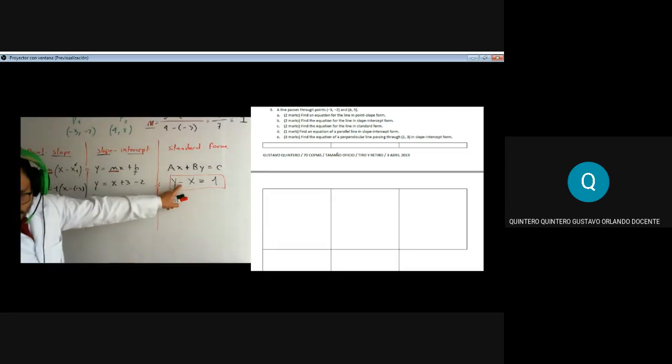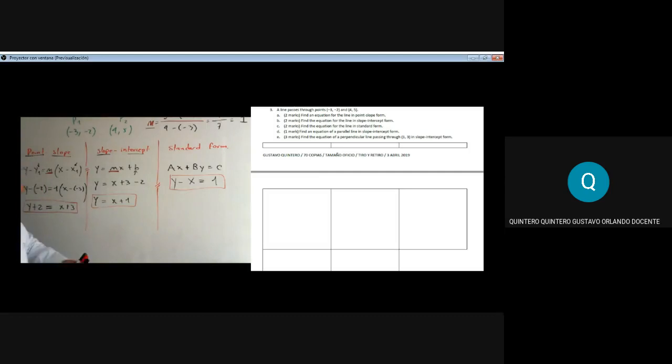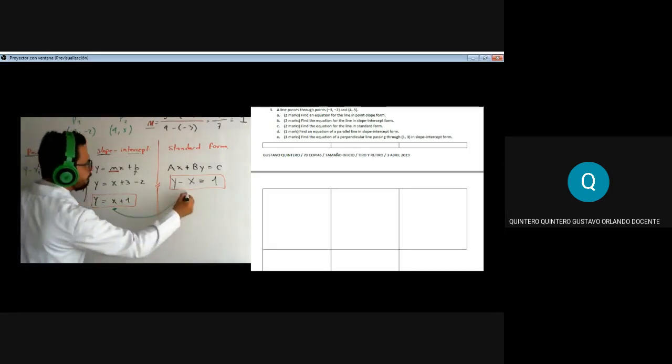Juan Camilo Alba asks why it gives negative. Where? This negative? Yes, all right. Simple, again. From this equation, you are going to find the standard form. And to do that, pass the x to the other side to subtract.